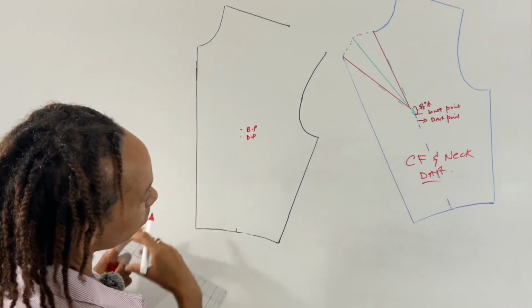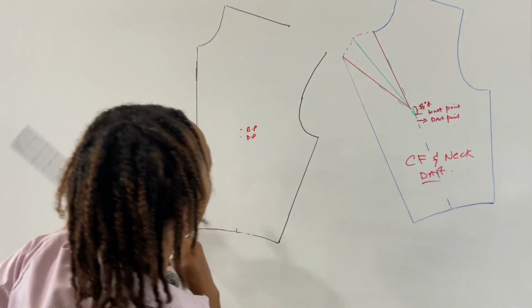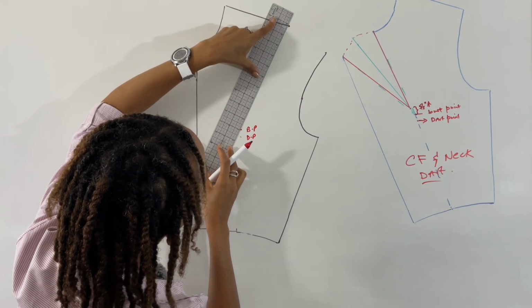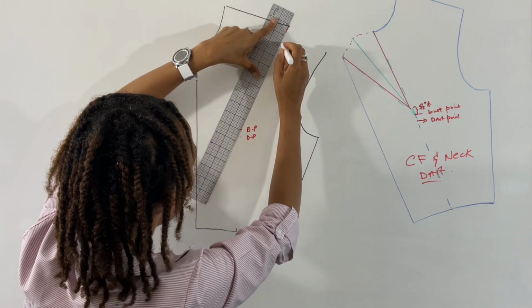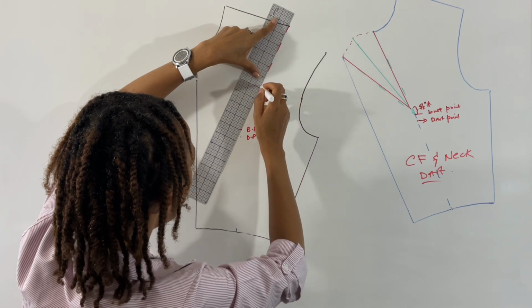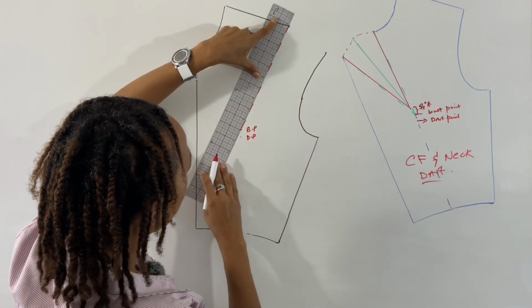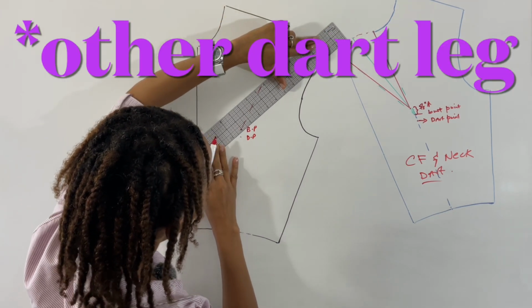Make sure that you're dealing with this point right there. So the next thing that you're going to do, you're going to connect this shoulder by the armhole to the bust point, and you're going to do it on the other side.